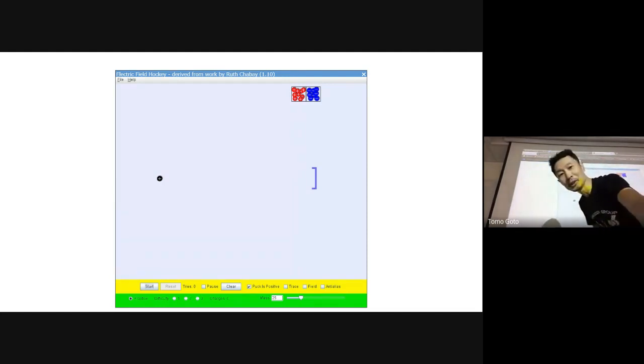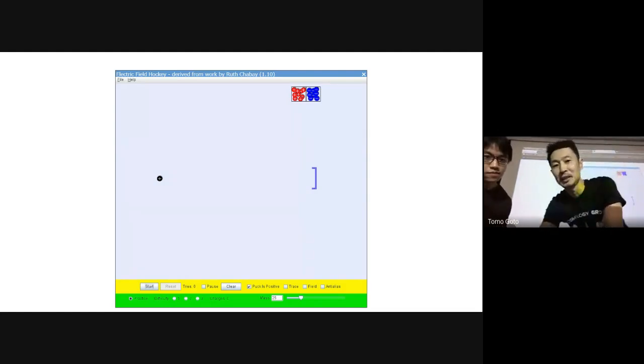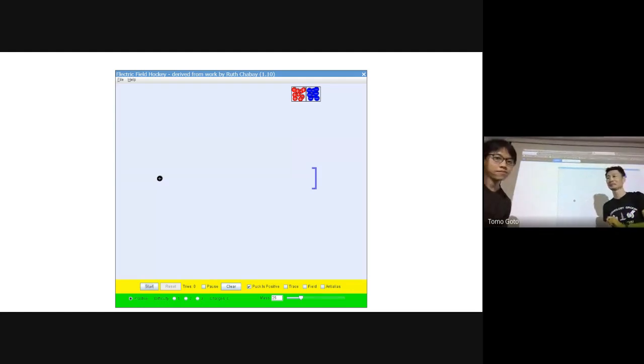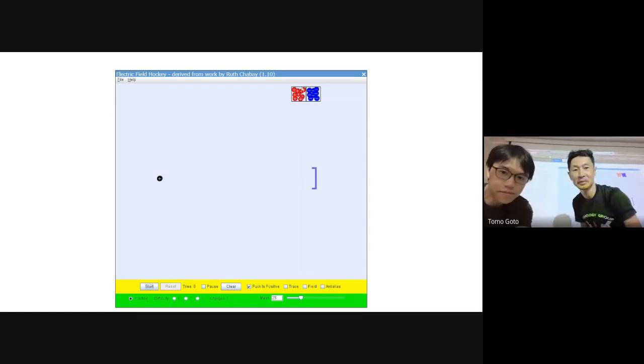Judy, your goal is to put this plus charge in here, and you can use these charges and put them here. If you put a plus here, plus and plus repel, right? So it moves this way. Can you try? I think this is level 1 or something. You can use the mouse, right? Yeah, put it somewhere.